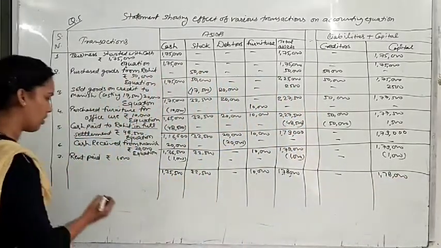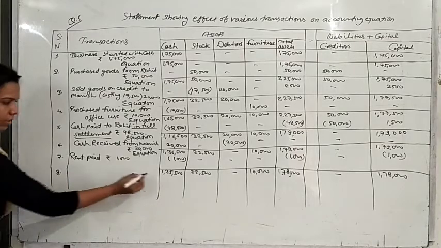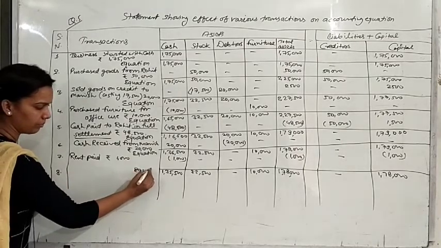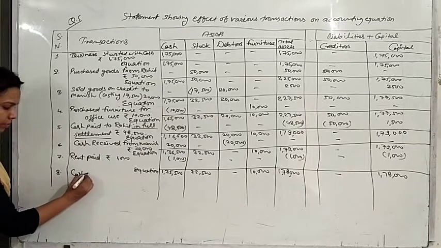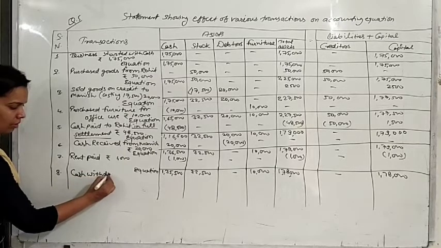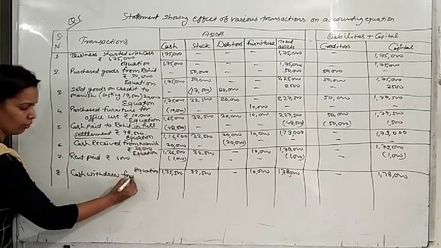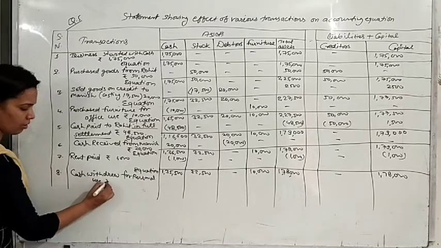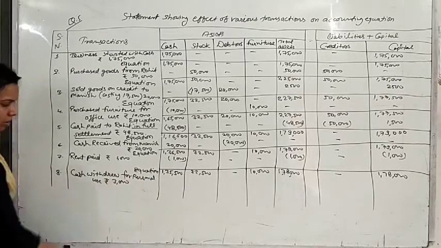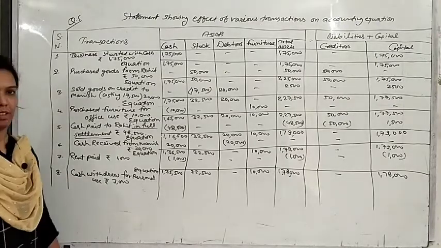Now the last transaction. Yes, the last transaction is here. Cash withdrew for personal use, rupees 3,000. Cash withdrew means this is drawing, personal drawing.